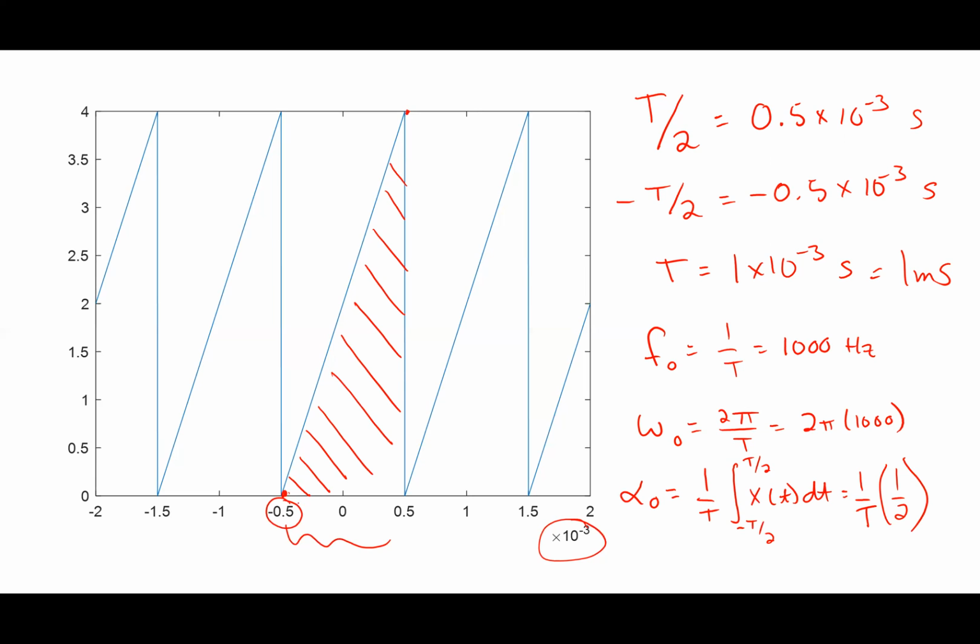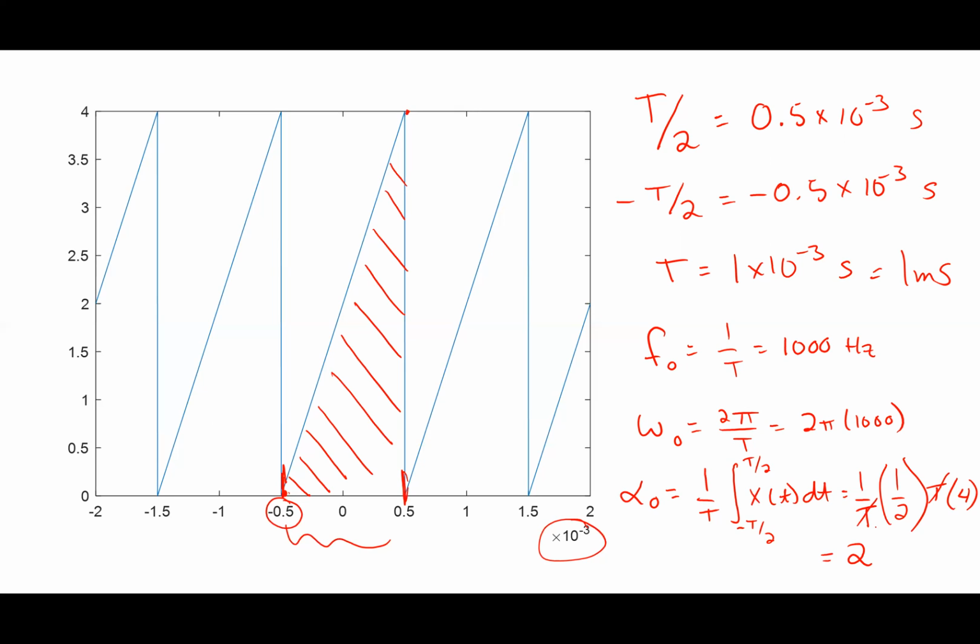So what's the base of this triangle? Well, it runs from here to here, right? That's one period, so it's T. All right, and the height of this guy is 4. So 1/2 base times height. So the T's cancel, and I end up by saying this guy has an average value of 2.